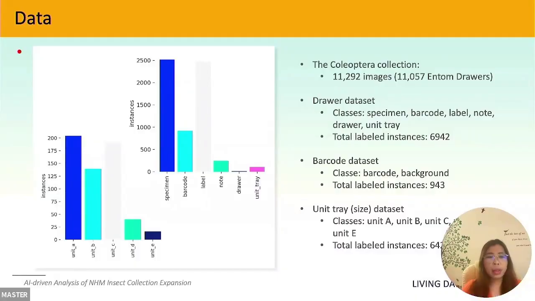The total labeled instances is around 7,000. Then a binary class dataset, designed to train the detector to identify barcode and background. The total labeled instances of this dataset is 943. The last one is the full dataset, which identifies classes for different size unit trays, including A, B, C, D, E. The total labeled instances is 642.